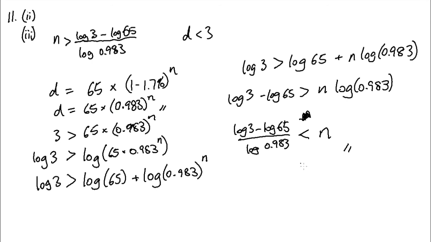Log of 3 subtract log of 65 divided by the log of 0.983 gives you n is larger than 179.38 and so on. Because n can only be an integer, it is the smallest integer that's bigger than this, which is n equals 180, so that's 180.